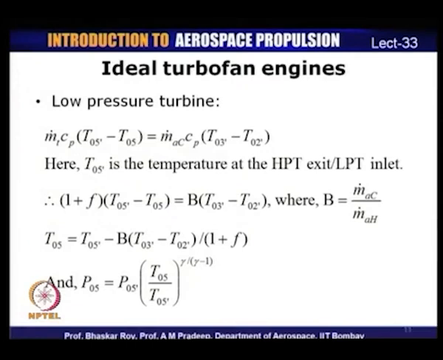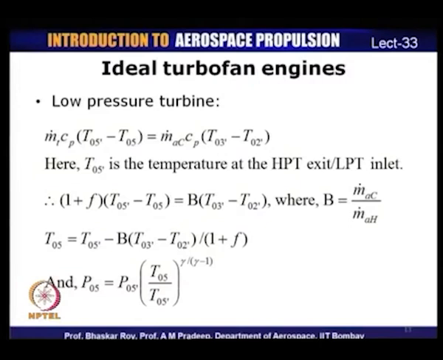If we simplify this, since m dot T is equal to m dot AH plus m dot F, we divide throughout by m dot AH and get (1 plus F) into (T05 prime minus T05) equal to B, the bypass ratio, into (T03 prime minus T02 prime), where B is equal to m dot AC by m dot AH, that is the cold mass flow divided by the hot mass flow.